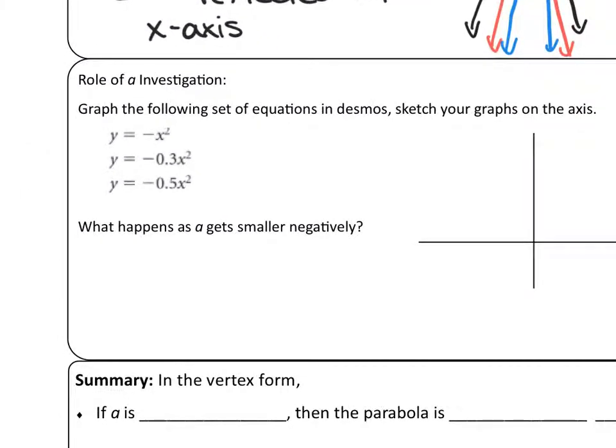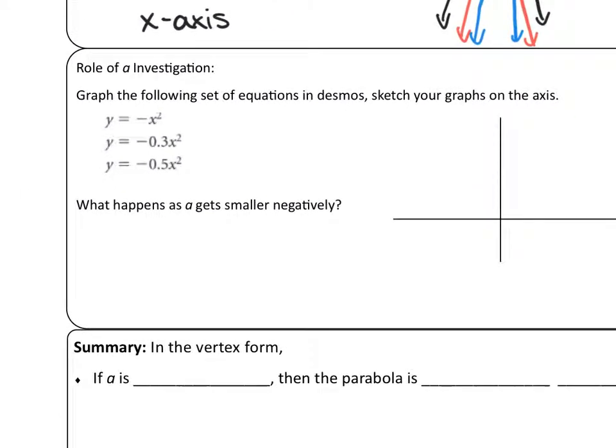And the same thing happens with these ones, is that yes, we have the negative x squared, and then the negative 3 and the negative 5.